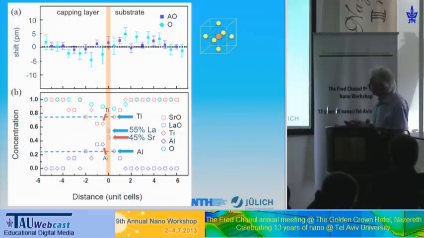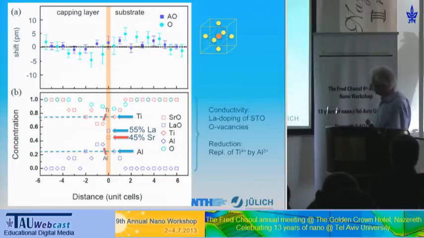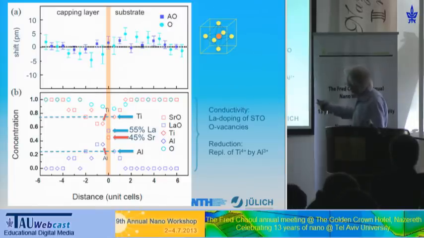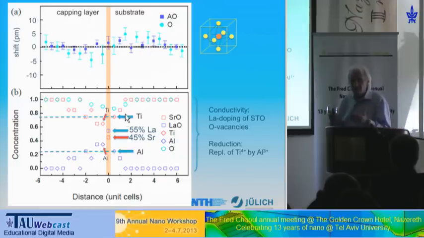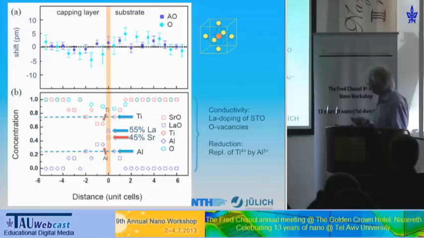The reality is that you have 75% titanium and 25% aluminium due to this intermixing. And so we find here the background of the conductivity: lanthanum doping of strontium titanate, known from different experiments, leads to conductivity, and also the oxygen vacancies. You see oxygen goes down here in concentration, and oxygen vacancies introduce conductivity into strontium titanate.